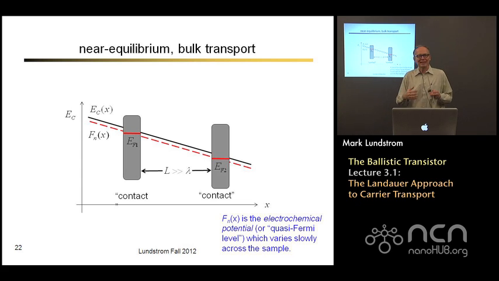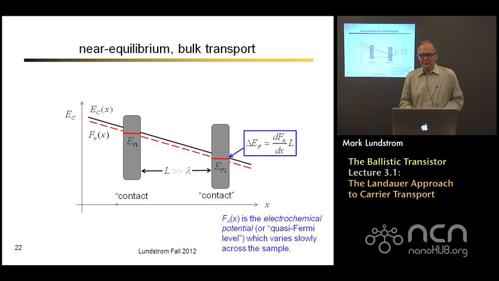Now I've got a conceptual device that I can apply my Landauer theory to. I'll take the Fermi level of contact 1 as the quasi-Fermi level at this location, and the Fermi level at contact 2 as the quasi-Fermi level at that location. So there's a change in quasi-Fermi level that's proportional to the gradient of the quasi-Fermi level.